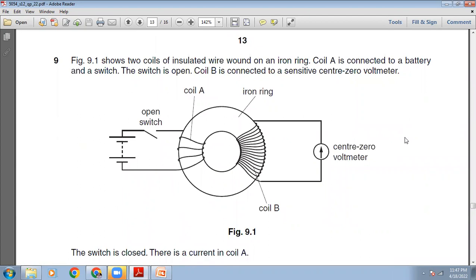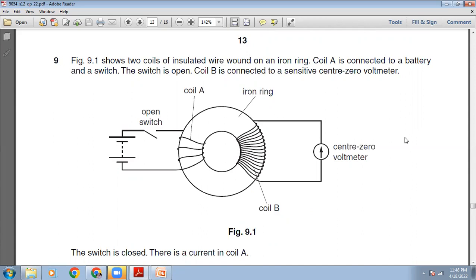You see, when you close the switch, coil A became an electromagnet. Its magnetic flux started flowing through the iron ring through coil B. So the magnetic flux passing through coil B has changed. Due to that changing magnetic flux, an EMF is induced in coil B, and due to that induced EMF, the voltmeter has shown a deflection to the right.